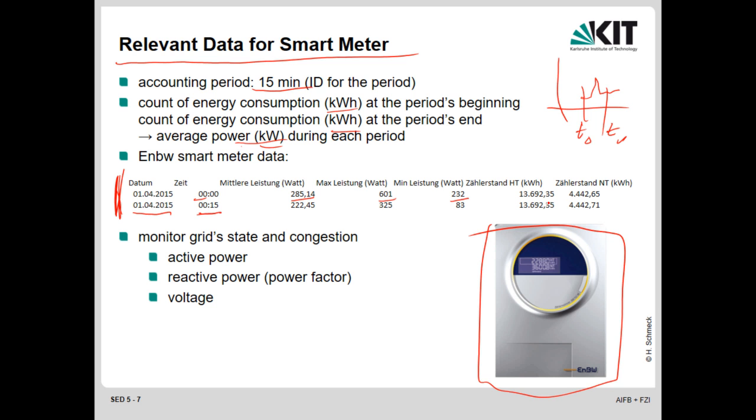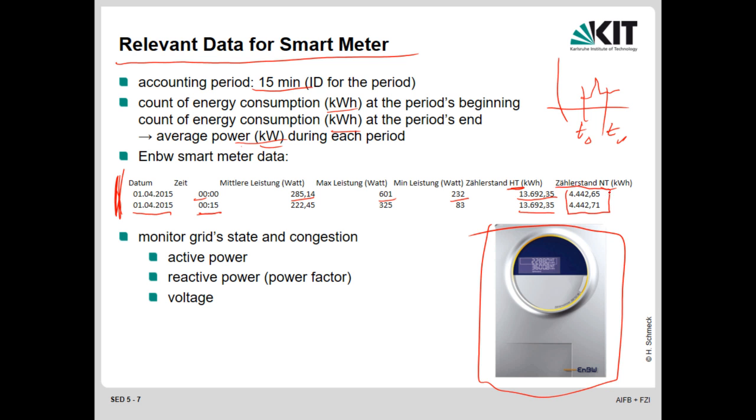And then they also provide the current counter. Now this does not change here between these 2 time periods, because this is the high tariff, the day tariff, and this is the low tariff. I don't have different tariffs, but nevertheless they have 2 counters for that. And so only the counter for the low tariff has been changing in that time period.